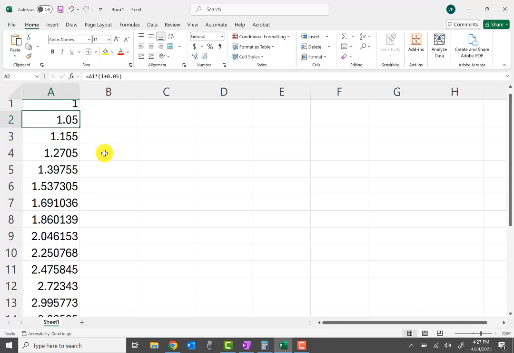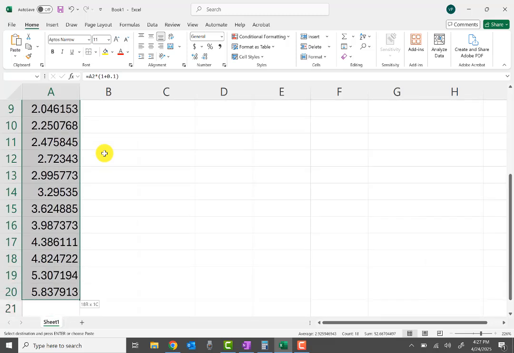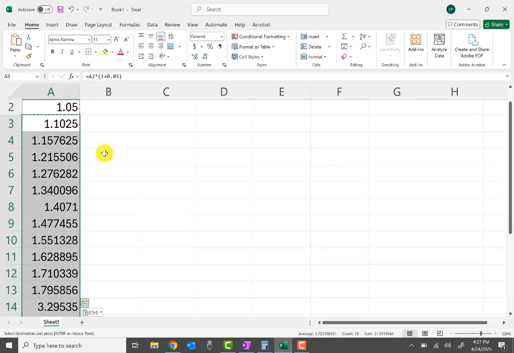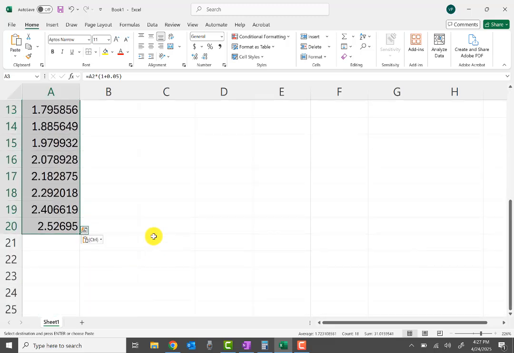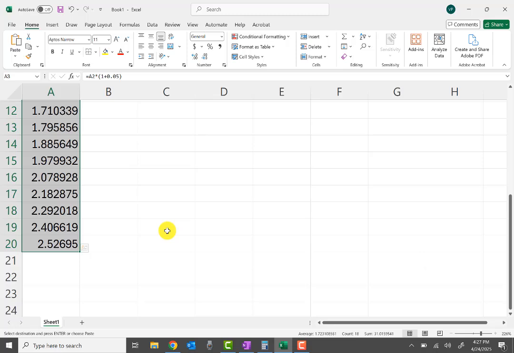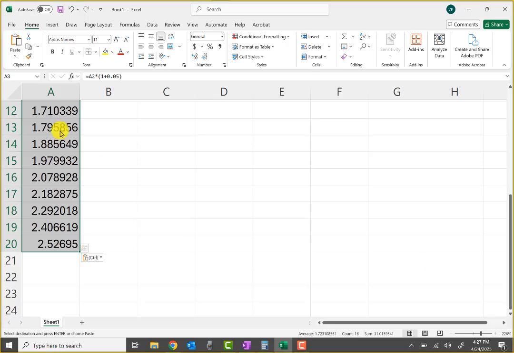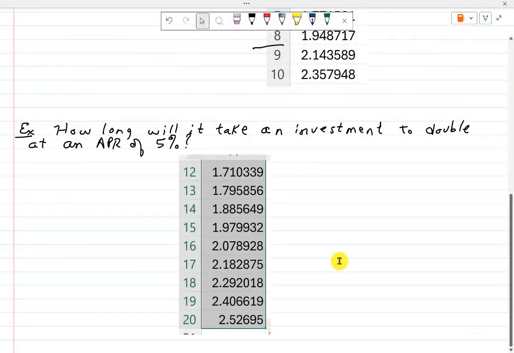Now if I hit Control-C, it will copy this new cell, and I'll paste it over top of the old ones. I went up to 20 last time. And here, it took quite a bit longer. So this time the doubling was between years 15 and 16. So there's our magic spot.